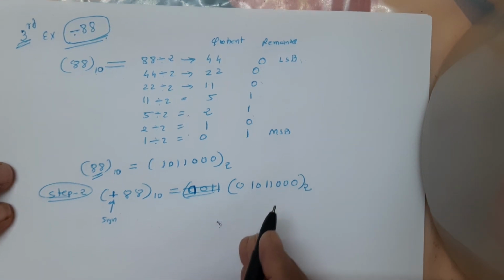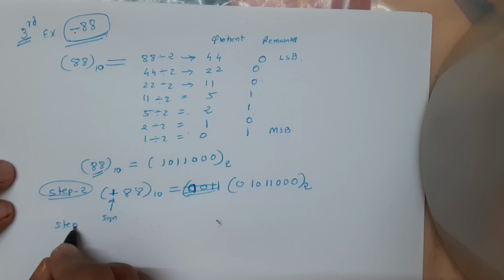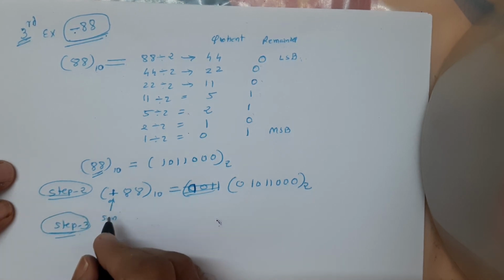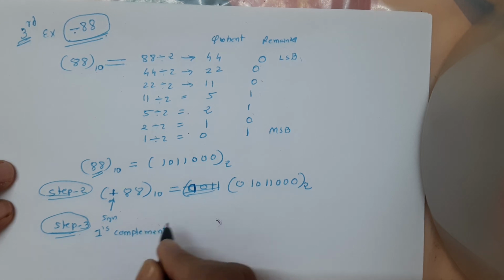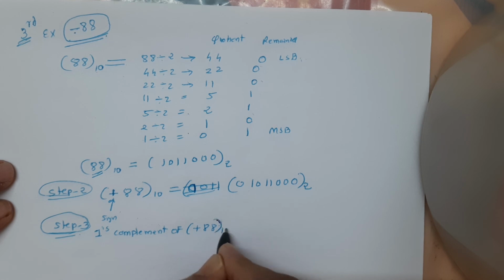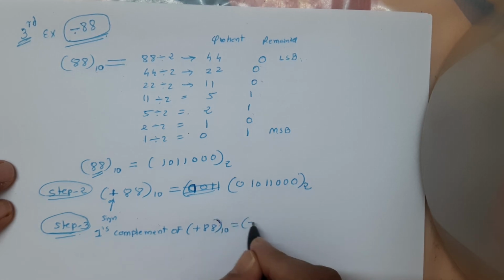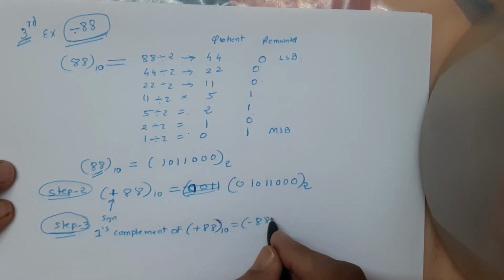Then step 3. Here the sign is negative, so we take the ones complement of plus 88 decimal, which is minus 88 decimal.